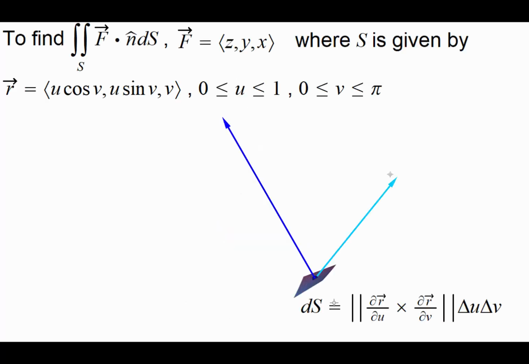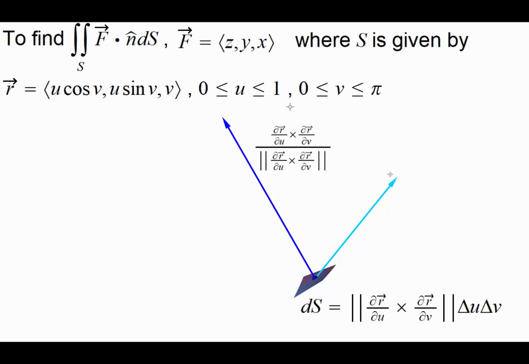Here we have a tiny area element on this surface, which we had seen as equal to this quantity for delta u and delta v very small, and this is the unit normal vector obtained by using this position vector r.